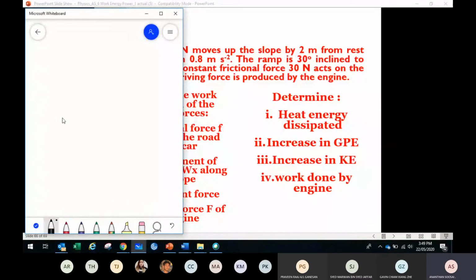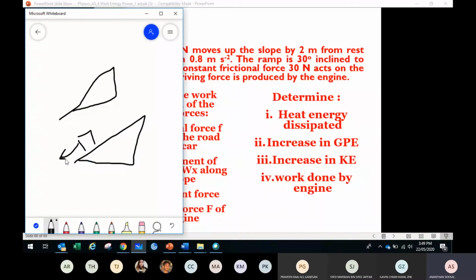On the inclined surface, the frictional force acting down is only 30 Newton, and it moves up for a distance of 2 meters. So work done by the friction should be 30 times 2, so 60.